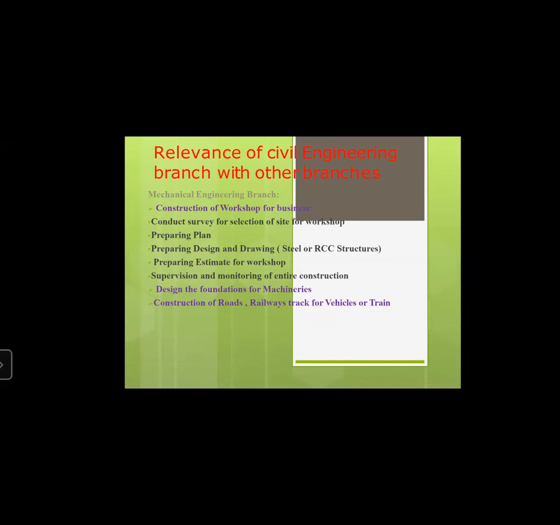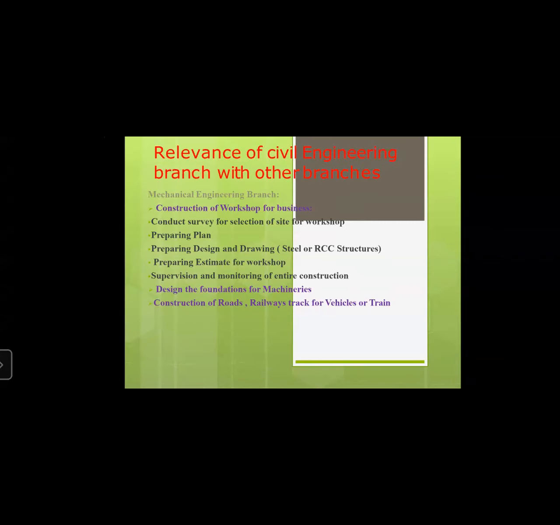Here, if we consider different branches of engineering, maybe mechanical engineering, chemical engineering, electrical, computer science, information technology, production engineering, then aeronautical engineering, whatever kind of engineering branch you are going to consider, for each and every branch there is a relevance of the civil engineering branch. So now we are going to discuss how. First we will discuss the mechanical engineering branch.